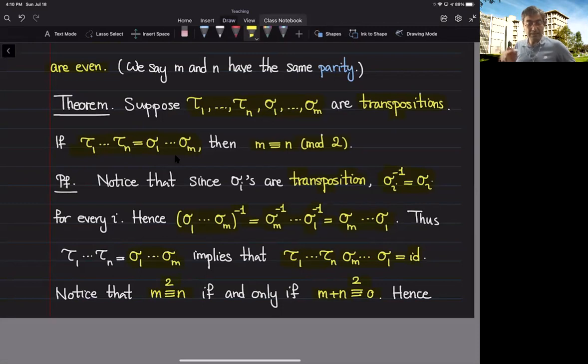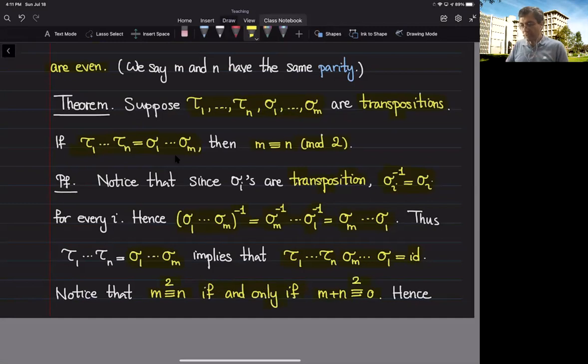If m and n are both odd, then their sum is even as well. Conversely, if the sum of two integers is even, then either both of them are even or both of them are odd. I cannot have an odd number and add it to an even number and end up getting an even number. Either way, you can convince yourself that saying m is congruent to n modulo 2 is equivalent to their sum being an even number.